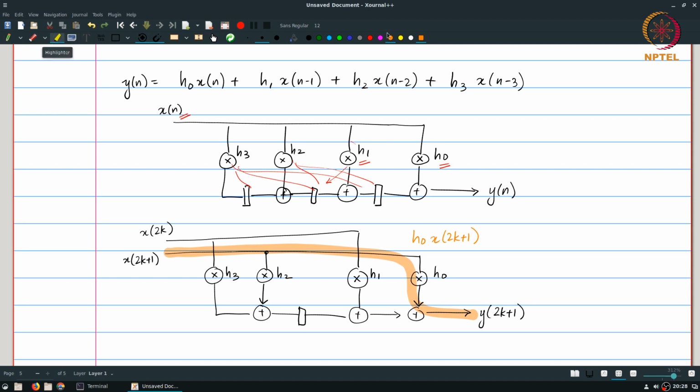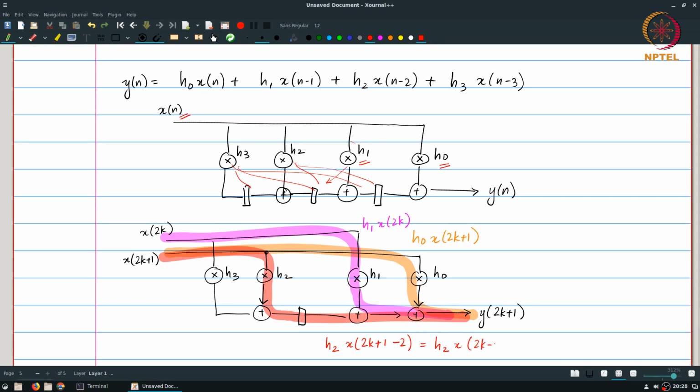The next path corresponds to h1 x of 2k. The next path would correspond to h2 x of 2k plus 1 minus 2, which is equal to h2 x of 2k minus 1. And lastly, this path would correspond to h3 x of 2k minus 2.